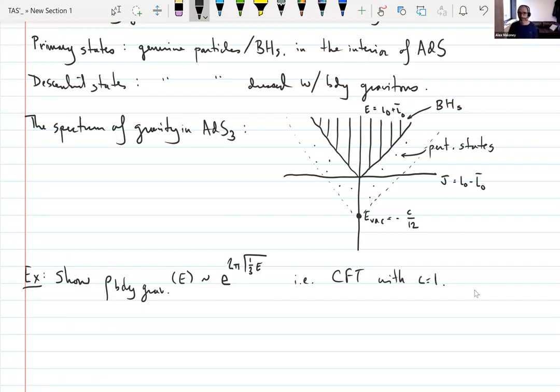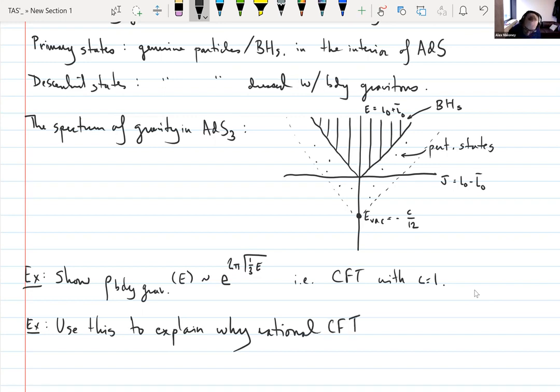Exercise 2: use this to explain the existence of rational CFTs, that is to say, CFTs with central charge less than 1, and in particular, have tons of null states.